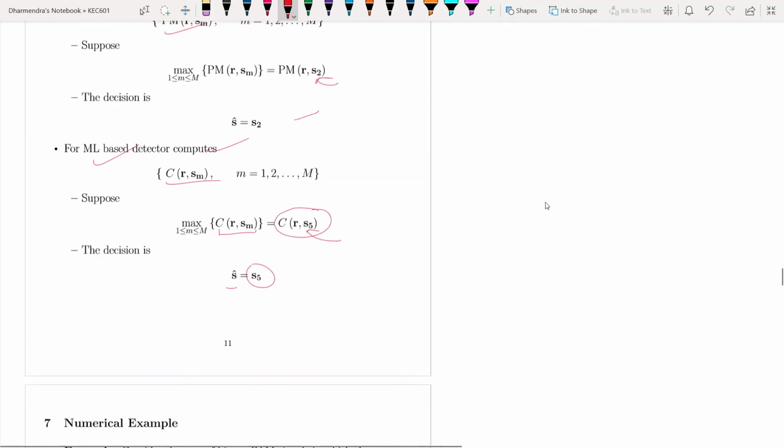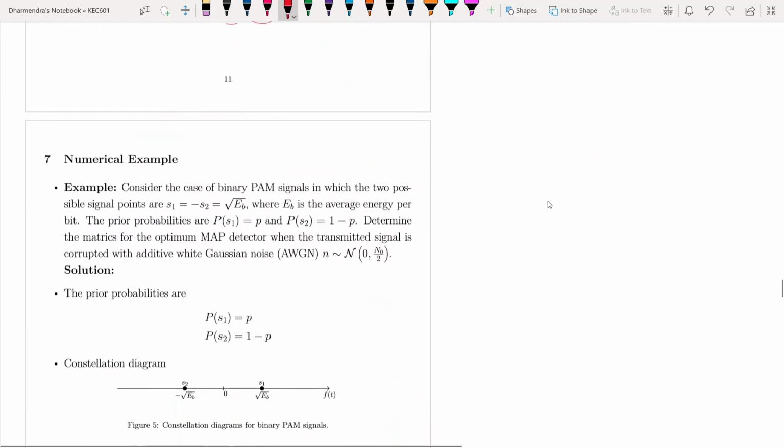Okay, let us take one numerical example and discuss. Consider a case of binary PAM. Binary PAM means capital M equal to 2, in which there are two possible signal points. So the set Sm consists of only two points, S1 and S2.